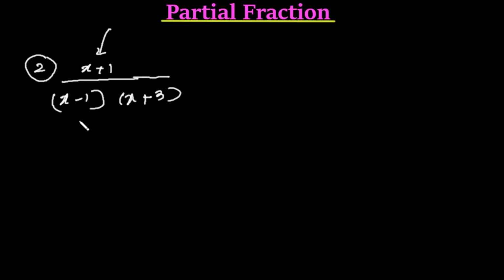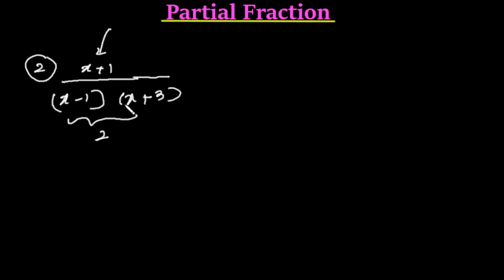And here, this one is a linear function, and the denominator is a quadratic function. The maximum power of the linear function is 1, and the maximum power of the quadratic function is 2. So here the power is 2 and here the power is lower, so you can use that method. Like I already discussed before, you can use that method to solve this problem.